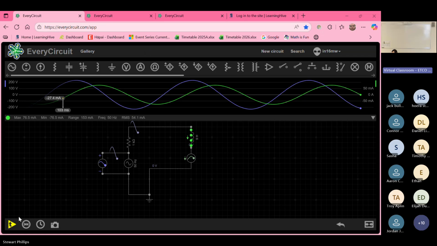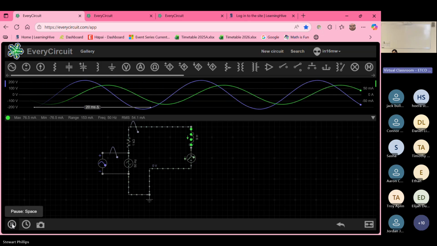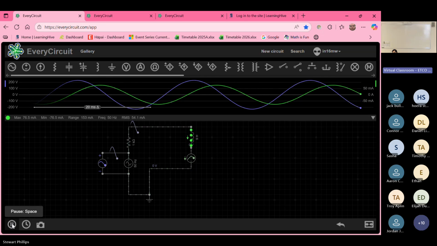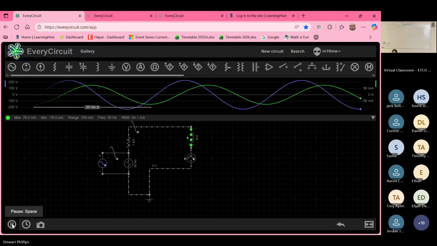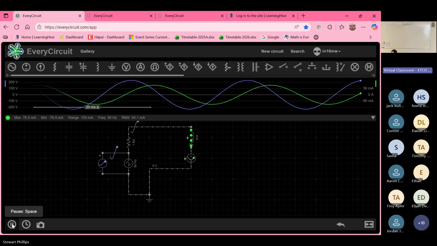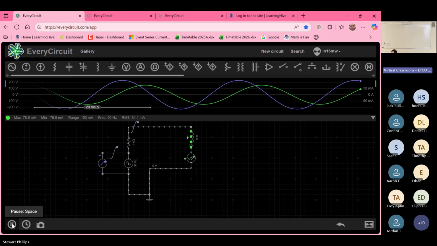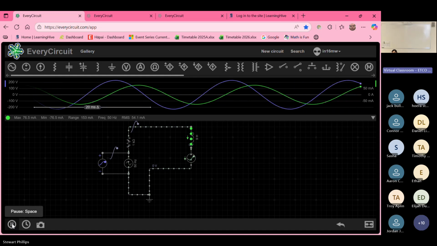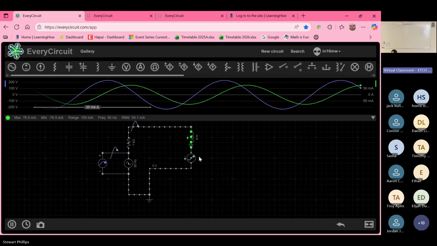So it is a bit laggy, I'm sorry. But as you can see, the waveform here, the green line there is representing our current flow through our coil, whereas our blue line is representing our voltage. So you can see there that the green line is running slightly behind.